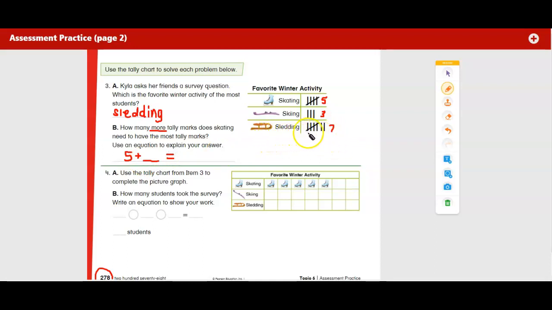So sledding had the most, which was 7. So it needed to be greater than 7, so we could just change it to one number higher. Then we would say 5 plus what number would give me 8? 5 plus 3 would give me 8.